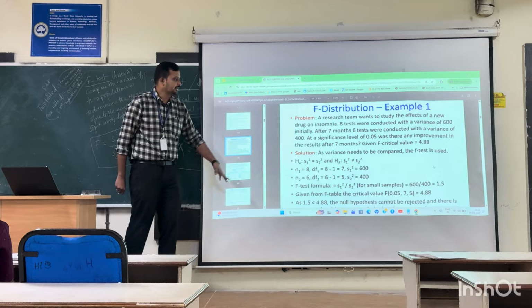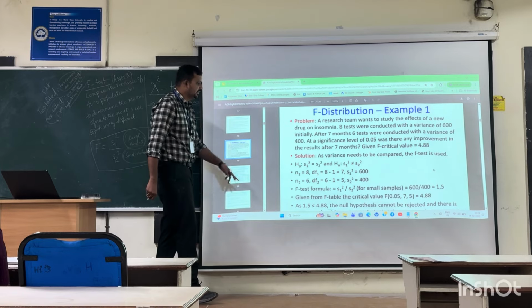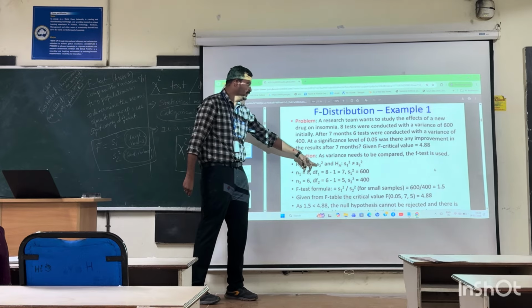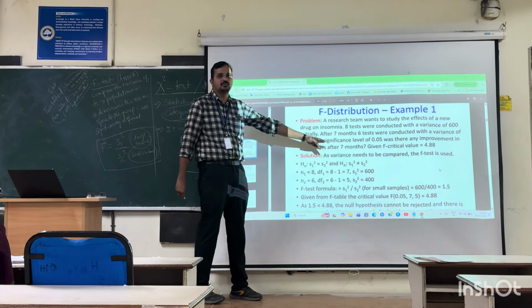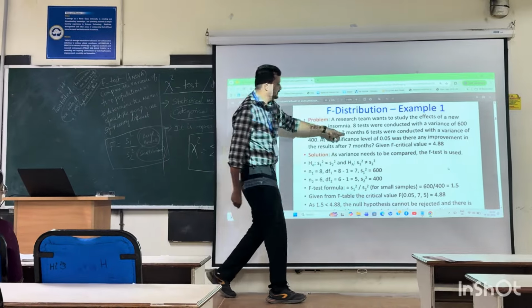So we have to compare the null hypothesis and the alternative hypothesis: whether S1 square is equal to S2 square or not equal. This is initially conducted, and this is after 7 months.